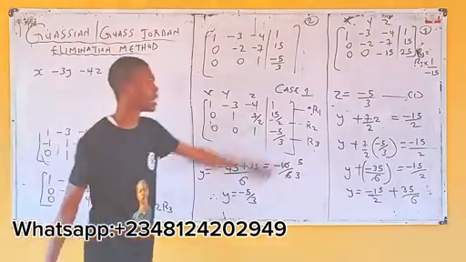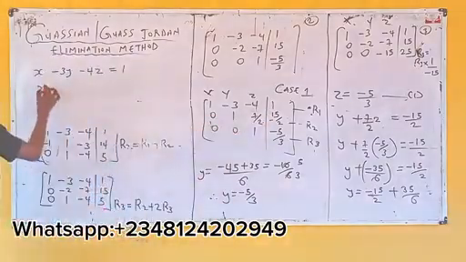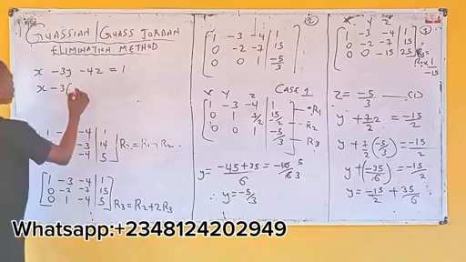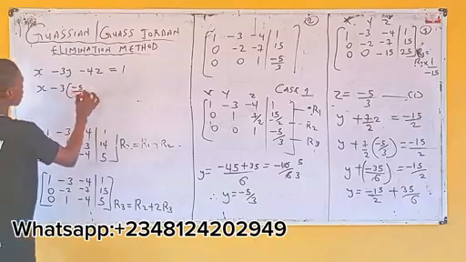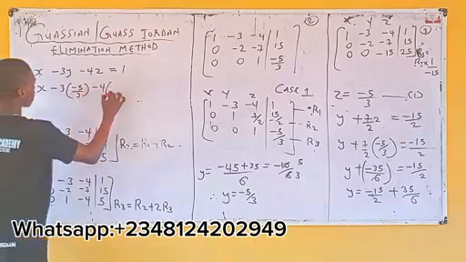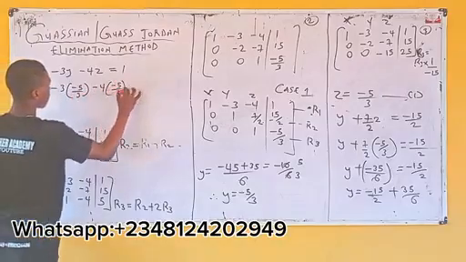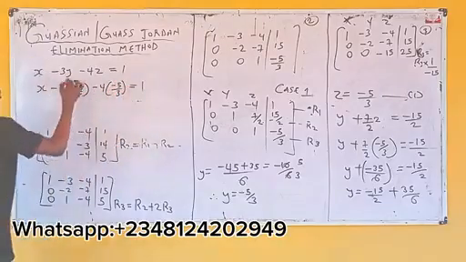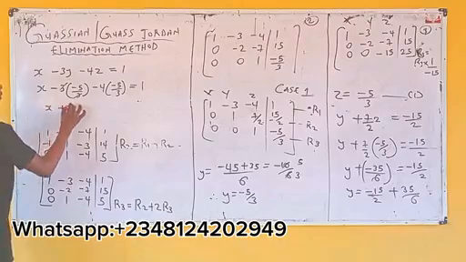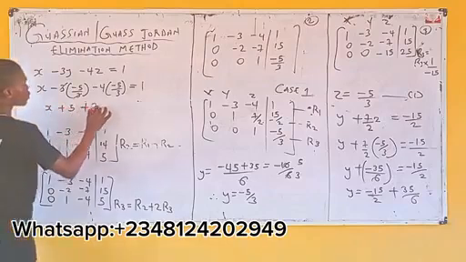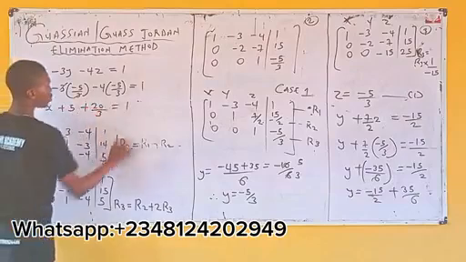We already know the values of y and z. So let's substitute. Meaning x minus 3 open bracket negative 5 over 3 close bracket minus 4 negative 5 over 3 equals 1. Alright, this cancels out, right? I have x plus 5 plus 20 over 3 is equal to 1.